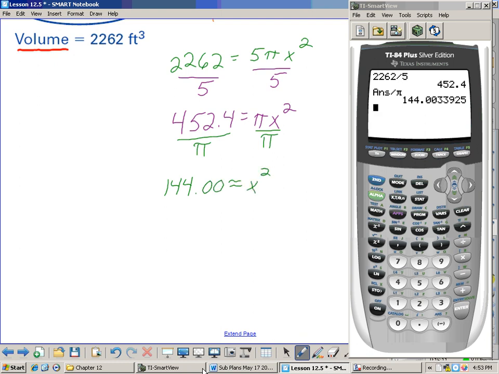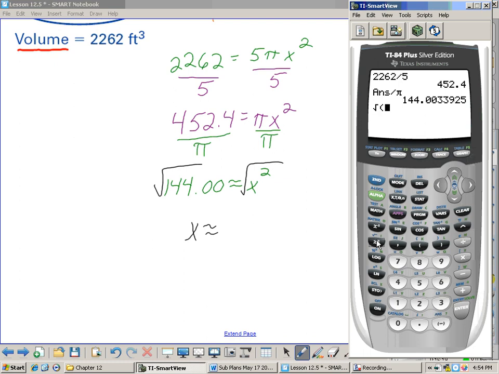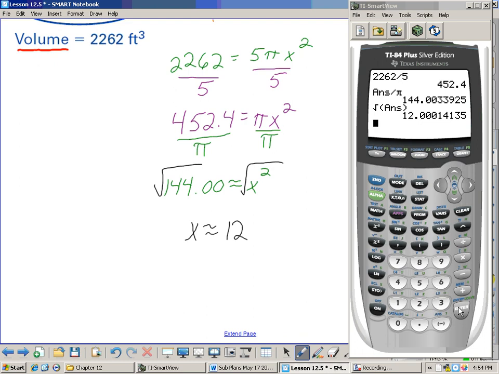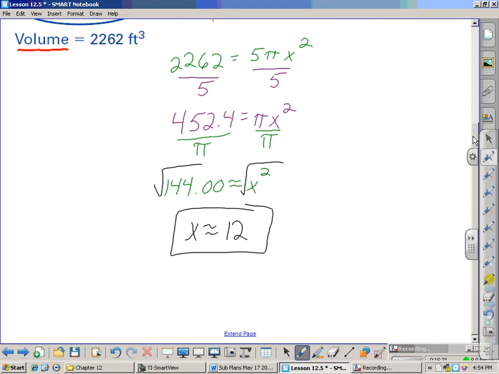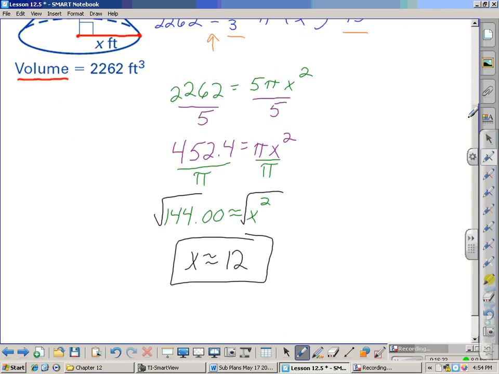And then from there, what we want to do is square root both sides. So x is approximately, and most of you probably know the square root of 144, but we'll just do it on our calculator here to show that it's really close, if not almost exactly 12. And we don't have to put a unit on here because I believe they had feet with the x. They did. Right up there at the top left, they had feet with the x, so we're just finding what x is.